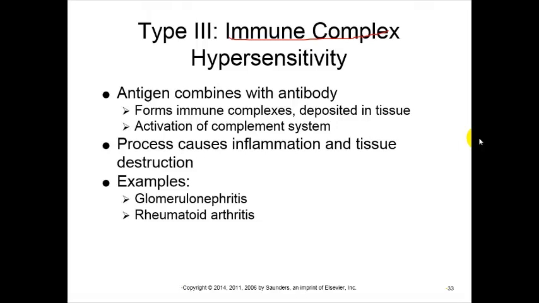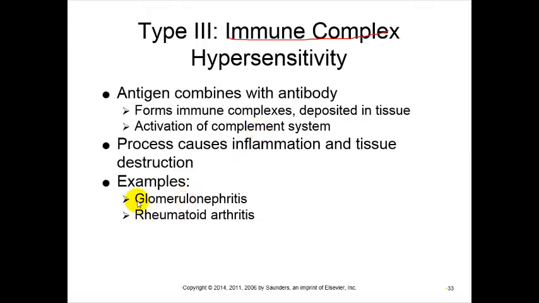And that complex is going to deposit into tissue. Okay, and it's going to cause inflammation and tissue destruction by activating the complement system. So you just have this antibody bound to the antigen, floating around and getting deposited in tissue. And once it gets deposited, it can cause that tissue to be self-destructive. Okay, we're going to destroy that tissue.